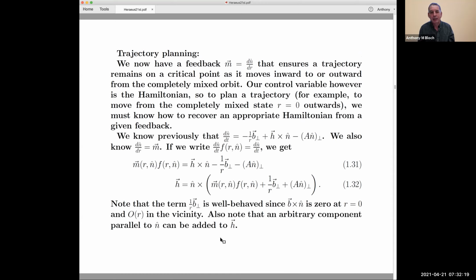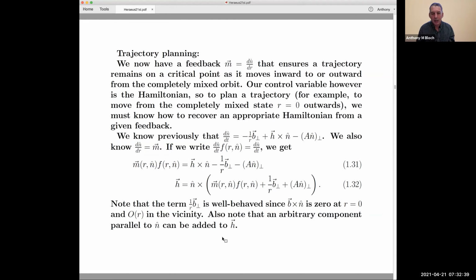So the control variable really is the Hamiltonian. That's where we have the lasers that can act. So what we need to do is recover an appropriate Hamiltonian from a given feedback, and you can do that. You remember that we had this Hamiltonian, h hat, which gives rise to the equation in the first place.